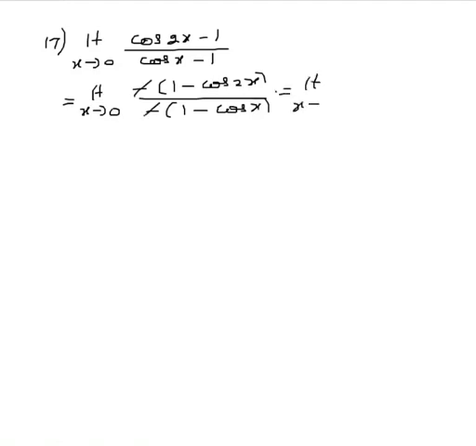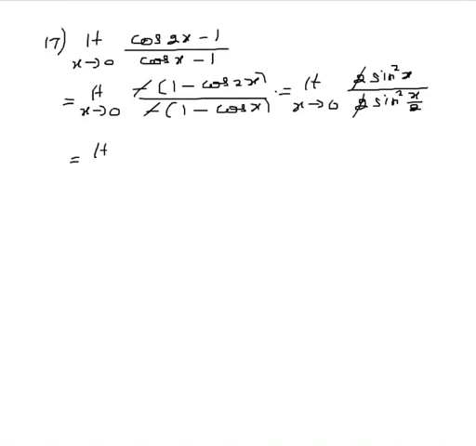We get limit x tending to 0 of 1 minus cos 2x, which is 2 sin square x, divided by 1 minus cos x, which is 2 sin square x by 2. We can cancel these two 2's.